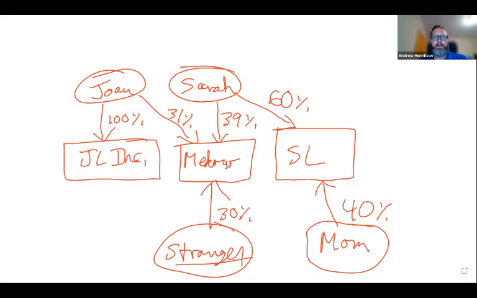So again, what we're trying to find out is, are these corporations related? That's all we care about. Or sorry, not related, associated. That's what we're trying to figure out. We got 3 corporations. Who's related to who?